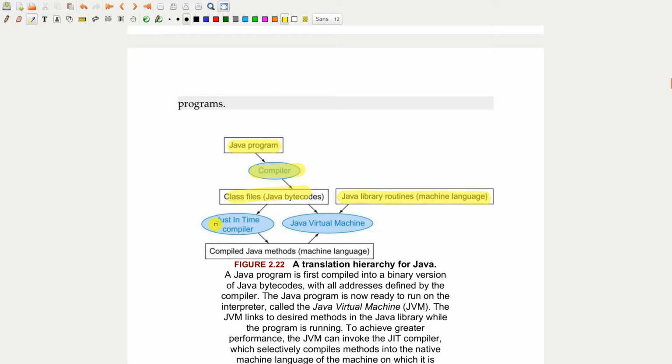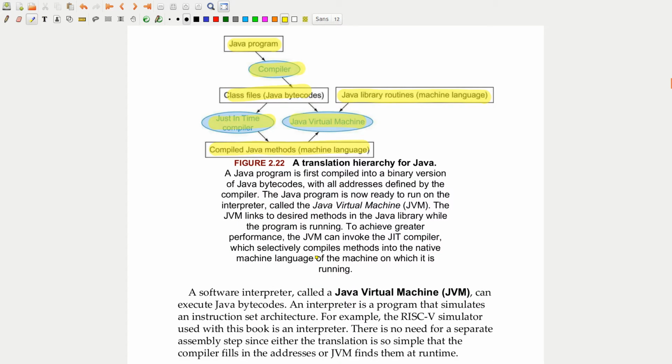Java bytecode gets sent to the just-in-time compiler. When the compiled Java methods are executing, it's getting information from the just-in-time compiler, and all of this executes within the Java virtual machine. Now, if someone knows Java more than me, they might be able to explain that better. So we can just go through the caption of it.